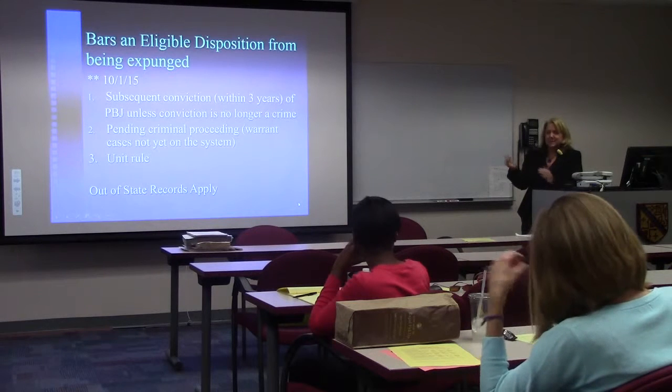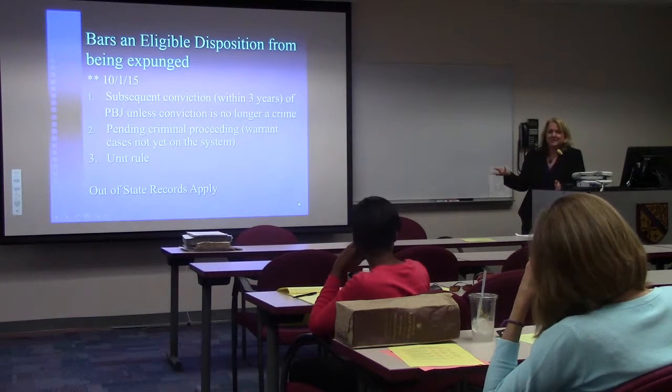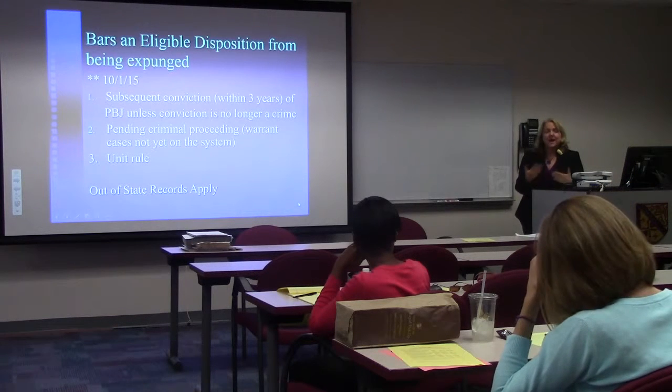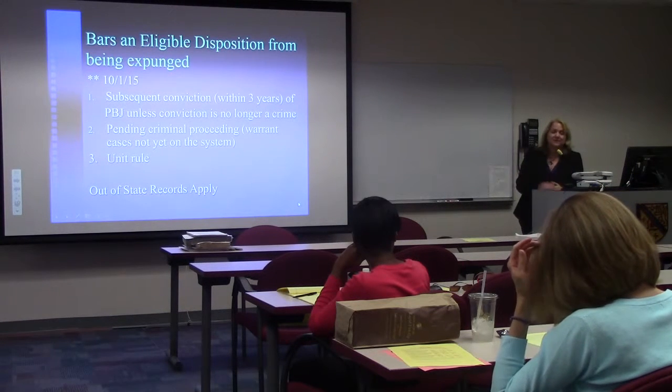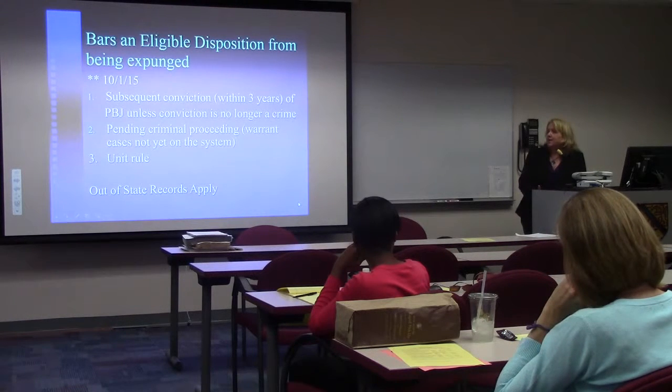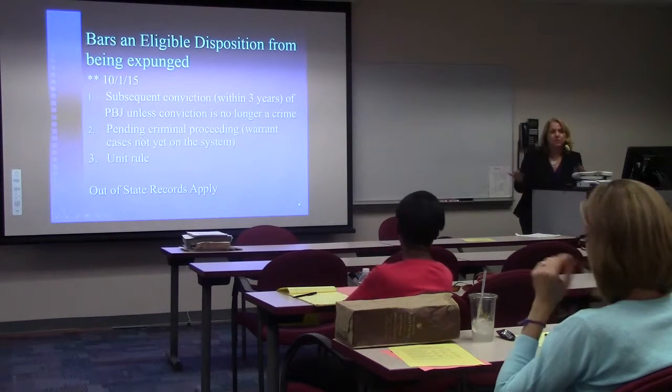But there is somewhat of a conflict, but we'll just have to see how it goes. One of the other arguments I make when I argue expungement is that it's a rehabilitative statute, and so it needs to be construed more broadly.